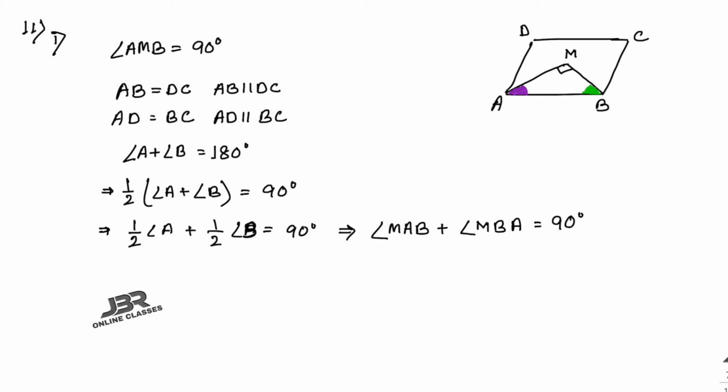So that means angle AMB equals 180 minus 90, which equals 90 degrees, because AMB is a triangle and you know that the sum of three angles of a triangle equals 180 degrees. So definitely the third one is 90 degrees. It's proved.